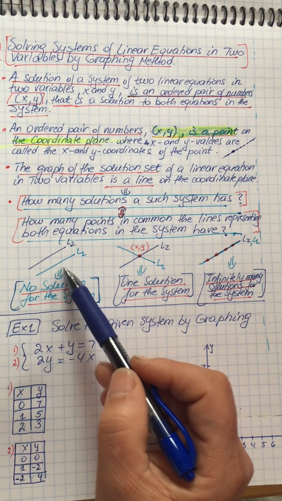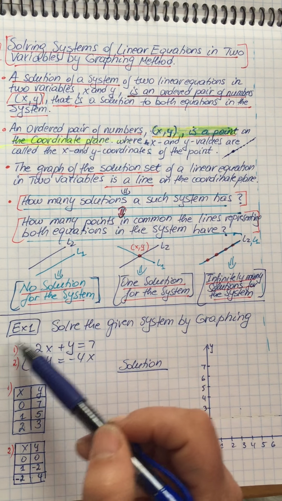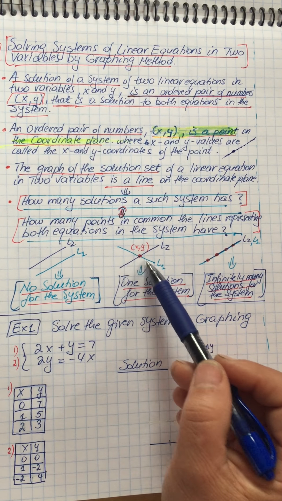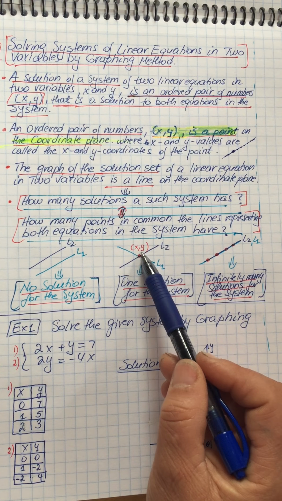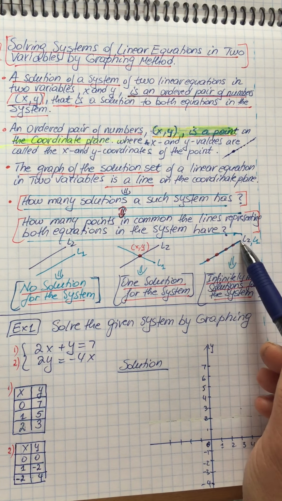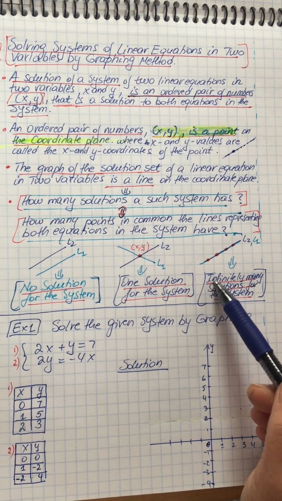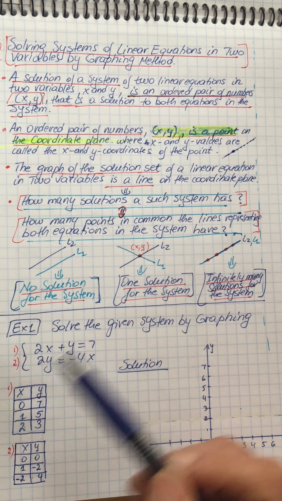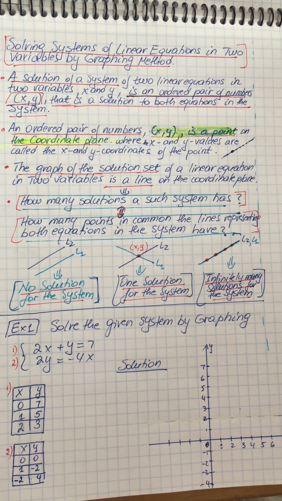If the lines are parallel, we will say that the system has no solution. If the lines intersect at one point, we will say the system has only one solution. If the lines coincide, then we'll say that we have infinitely many solutions for the system. Now let's see how these two lines behave.